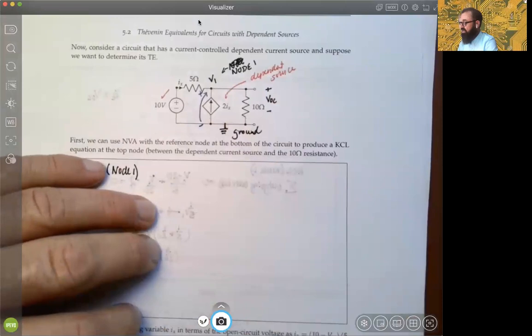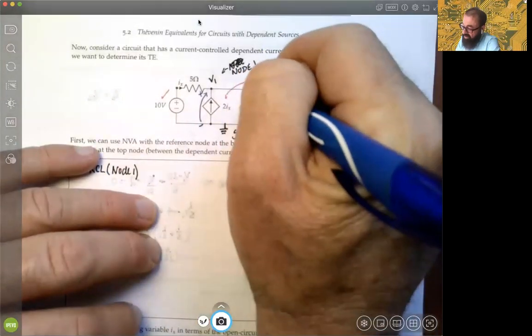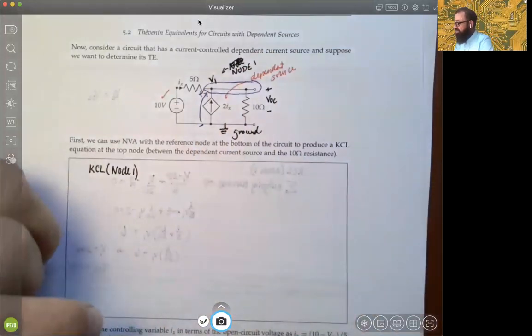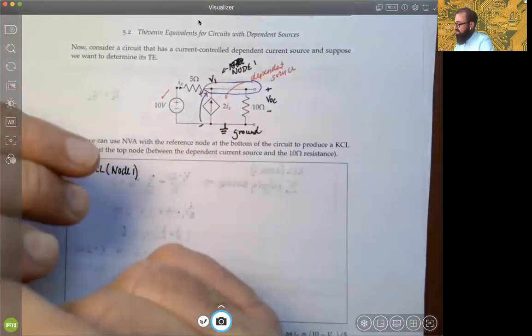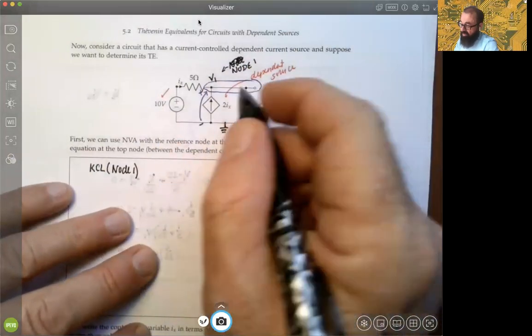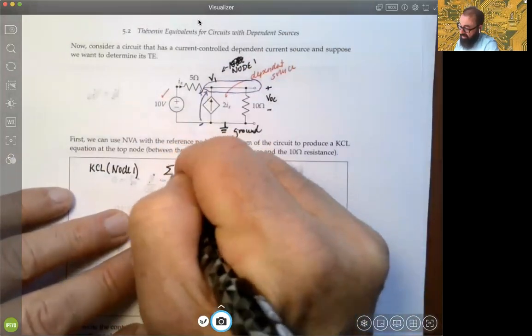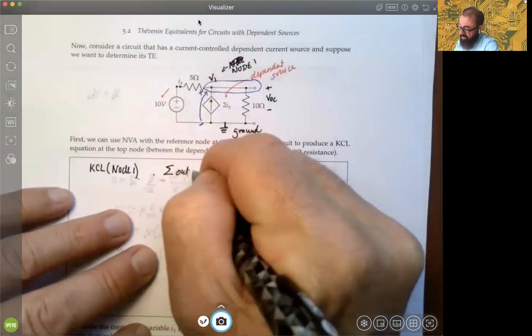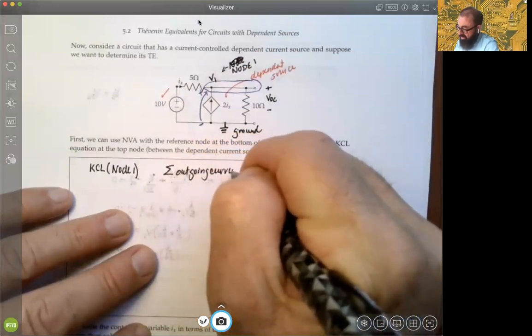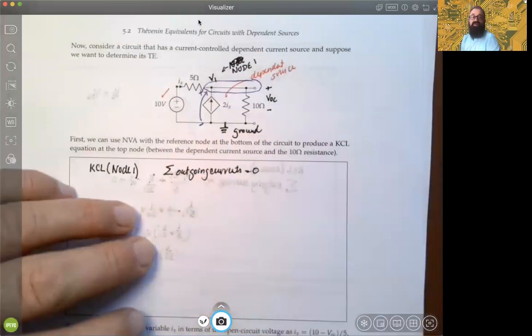So if we're doing KCL at the top node, we could immediately say, let's do the sum of outgoing currents set equal to 0.